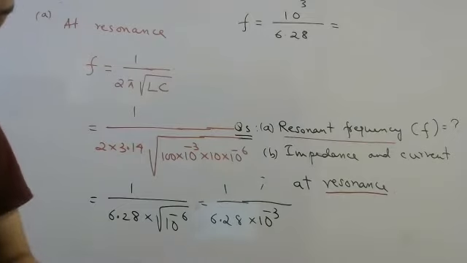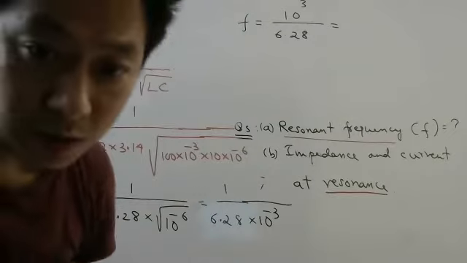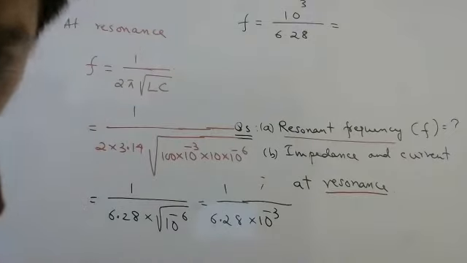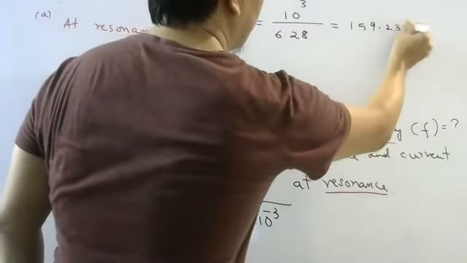How much will it come? 1000 divided by 6.28. 159.23. Sri Gauri, how much are you getting? 159.23 hertz.